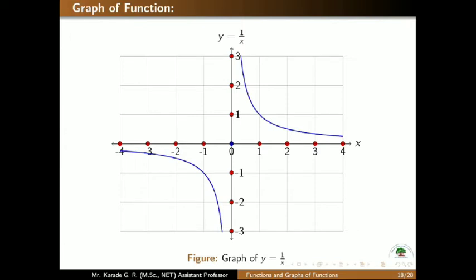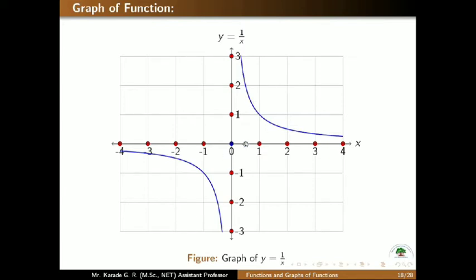As we have seen, this function is defined for all real numbers except x equal to 0, because 1 upon 0 is not defined. Okay, so this function has two parts. The first part is in the first quadrant and the second part of the graph is in the third quadrant.